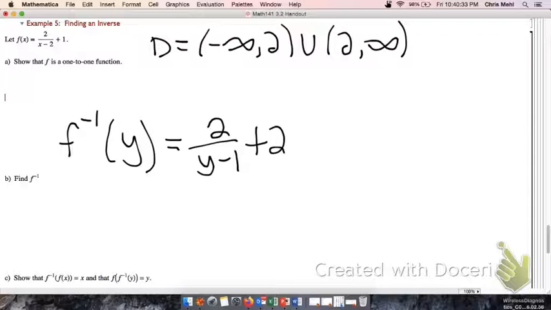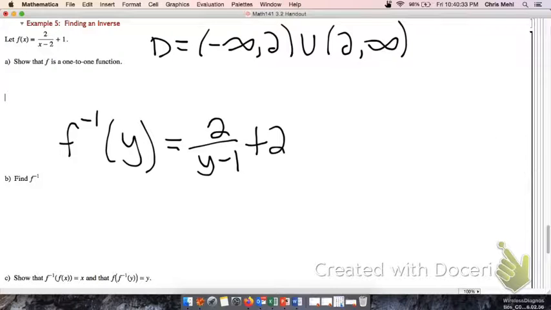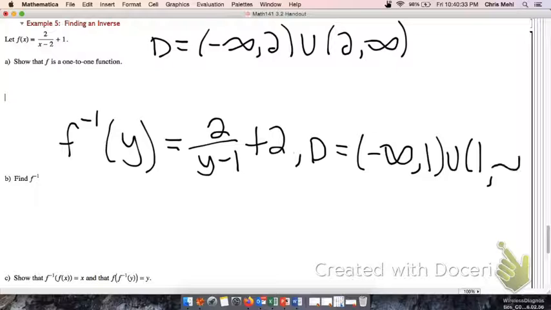And now notice the domain of this is everything but positive 1. So the domain of the inverse function is negative infinity to 1 union 1 to infinity.